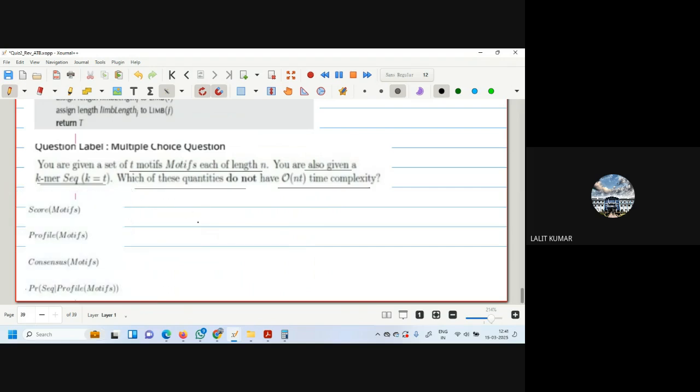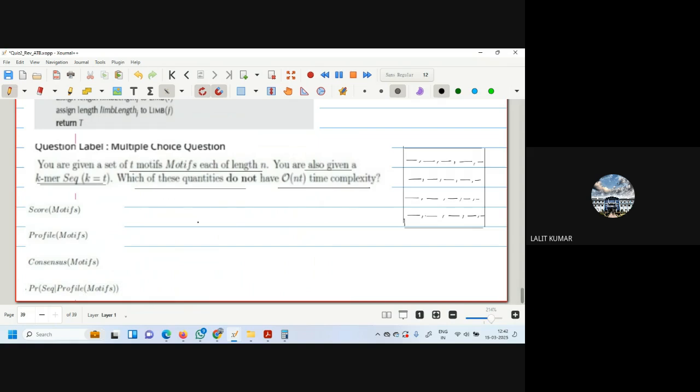See, what they have given us is a set of motifs. The length is n. Set of motifs means that this is also a motif, this is also a motif, this is also a motif, this is also a motif. A set of T motifs, each of length n.